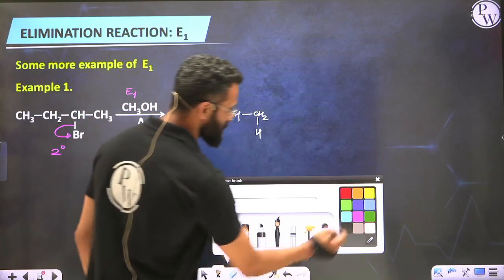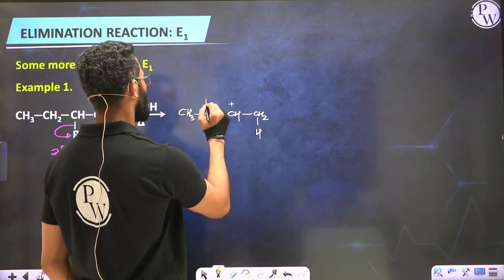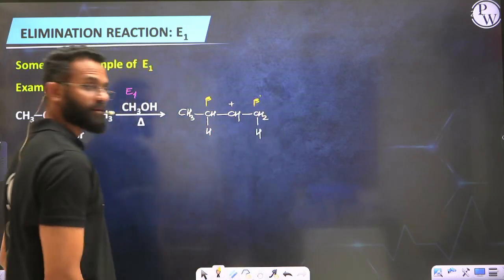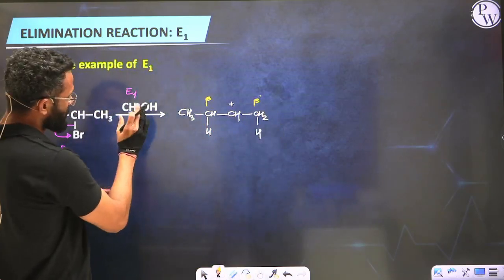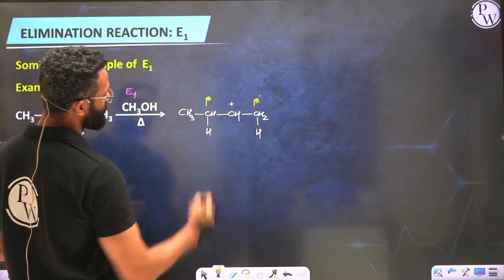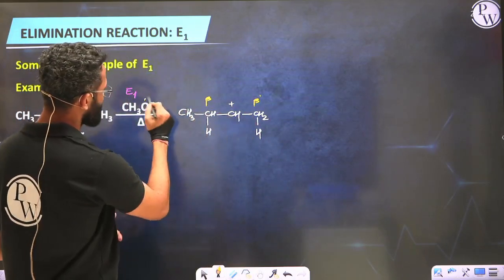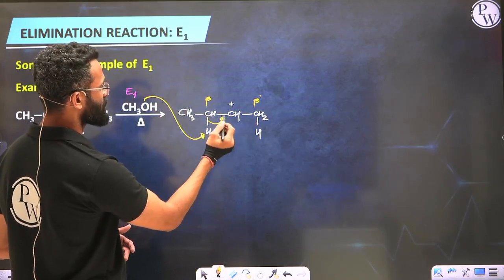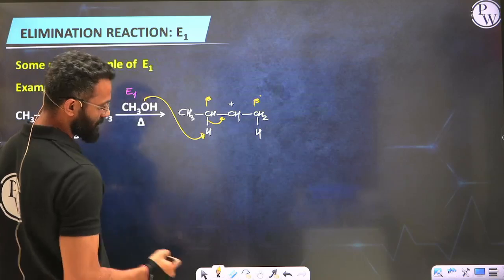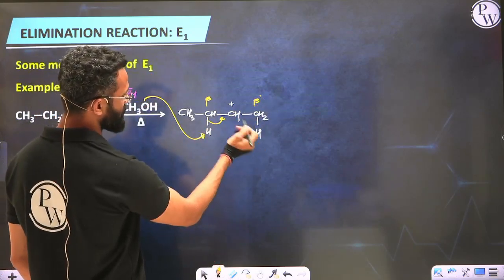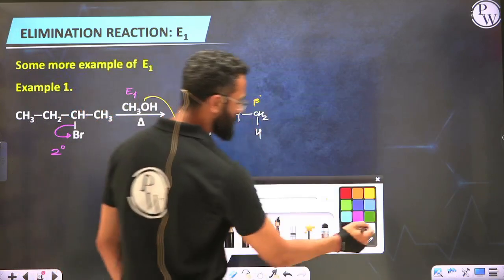So you can see now there are two types of beta carbon. This is beta and this is beta dash. So your solvent can act like a base and can abstract hydrogen either from beta carbon or from beta dash carbon. If base abstracts hydrogen from beta carbon, you will get double bond formation between the cationic carbon and beta. So the product will be 2-butene. And if abstraction takes place from here, we'll be getting 1-butene.